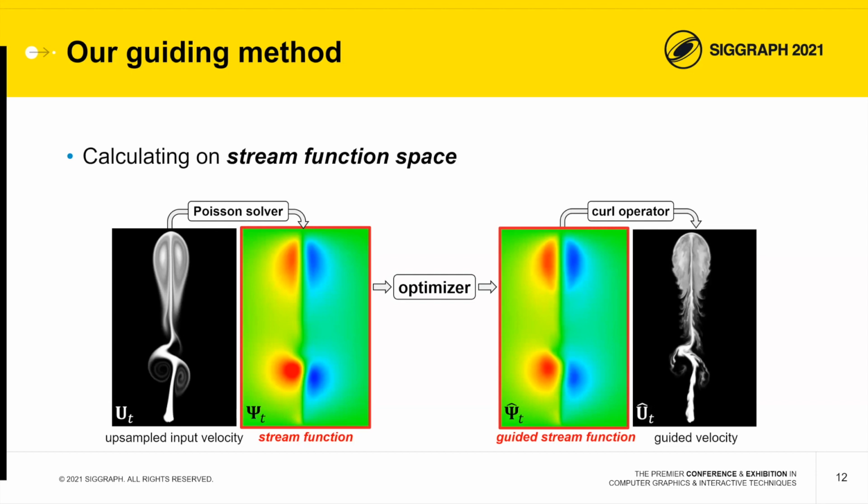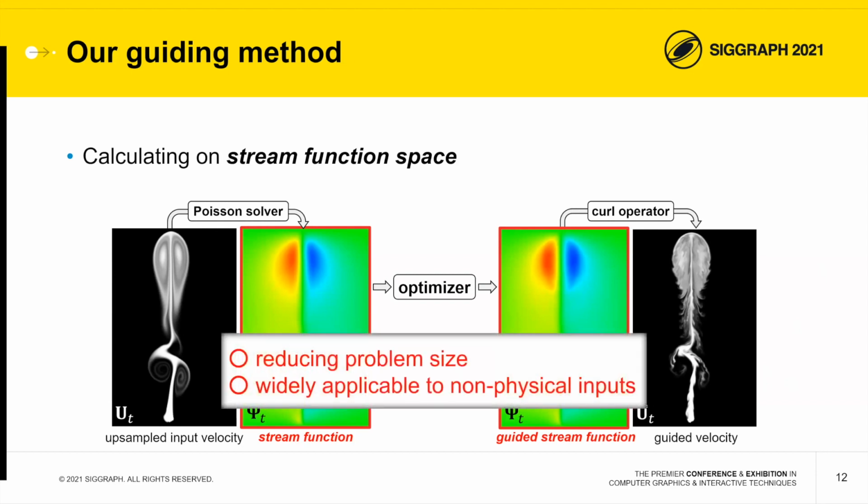Again, this velocity field is completely divergence-free. I think this is very important to create realistic results. We formulate our optimization problem to reduce the problem size. And as shown in the previous slide, our method is applicable to non-physical inputs.